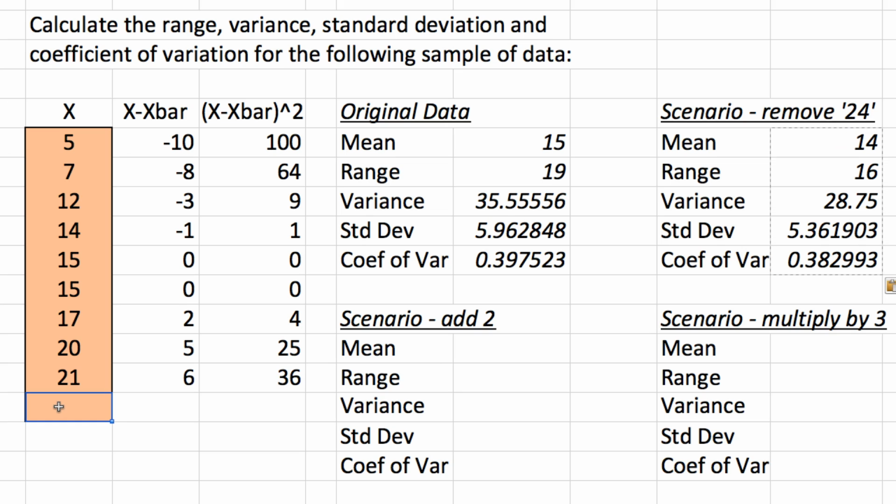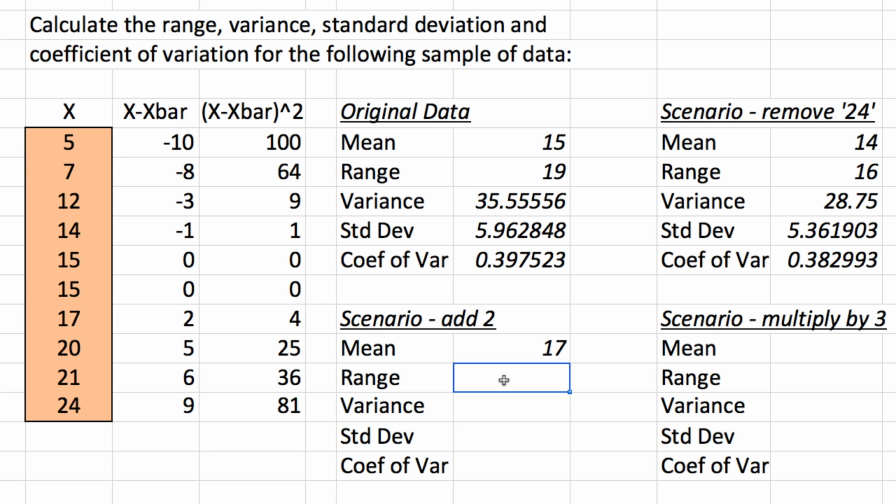Now what happens if I put my 24 back into my data set? What do you think is going to happen if I add 2 to all of these observations? I don't even need to put formulas in here. We can figure this out. If I add 2 to every single observation, the mean quite clearly is going to increase by 2, right? So if it initially was 15, the mean's going to go up by 2, to 17.